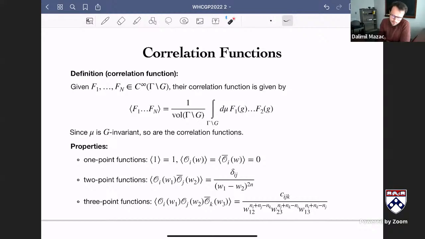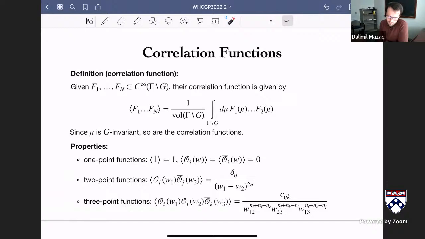Because this measure is just the Haar measure, the correlation functions are invariant under SO(2,R), which implies some nice properties. For example, one-point functions vanish unless you're taking a one-point function of the identity. And two-point functions look exactly like in a CFT, the two-point function of two conformal primary operators as a function of W1 and W2. And so do three-point functions.